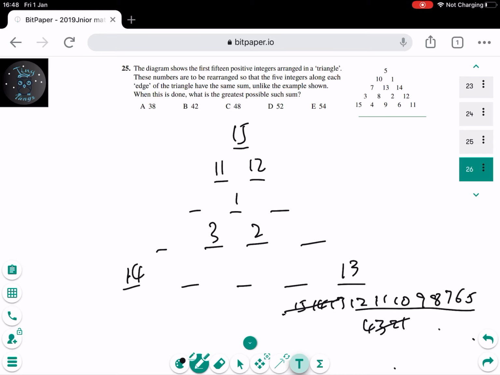Actually, I think you might be able to do another method. Because 14 and 13 are the least, you put 12 here on their side. And the second smallest is 15 and 13, so you put 11 here.